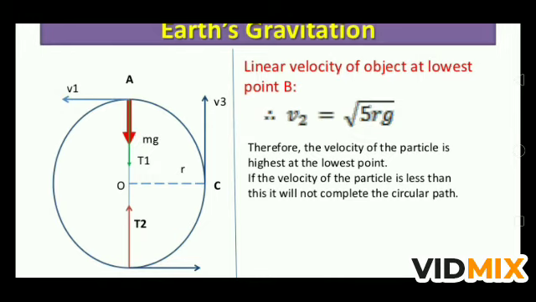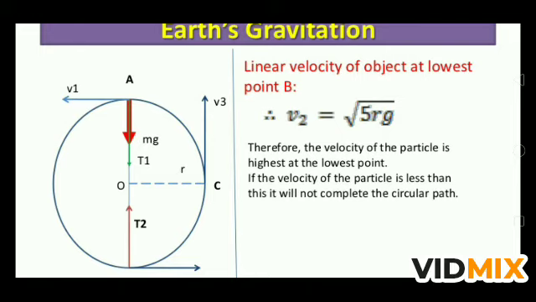It means if the velocity at the lowest point is under root 5rg, the body will complete the circle, because when it reaches the highest point, the required velocity of root gr will be achieved. Therefore, the velocity of the particle at the lowest point is under root 5rg, and at the highest point is under root rg.